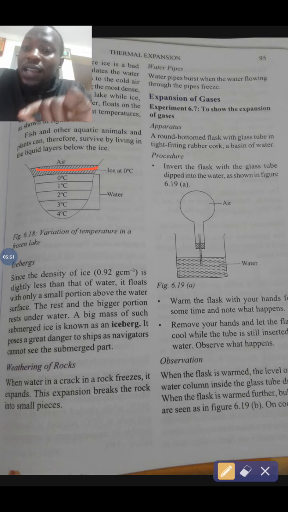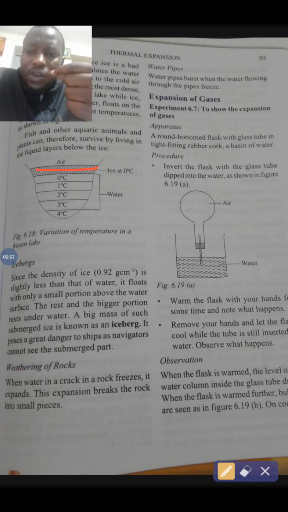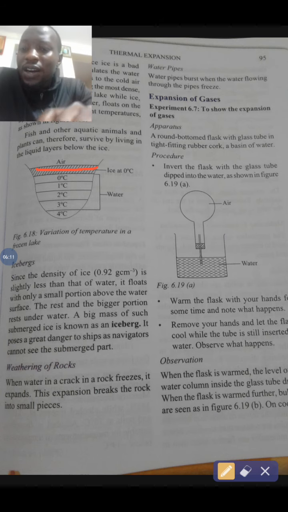It turns into ice. Once it has turned into ice, ice is an insulator. So there is no cold air that goes beyond that ice or goes past that ice into the water. Therefore, that jacket provided by the ice that has melted on the surface will ensure that the temperature below the water surface is always constant.